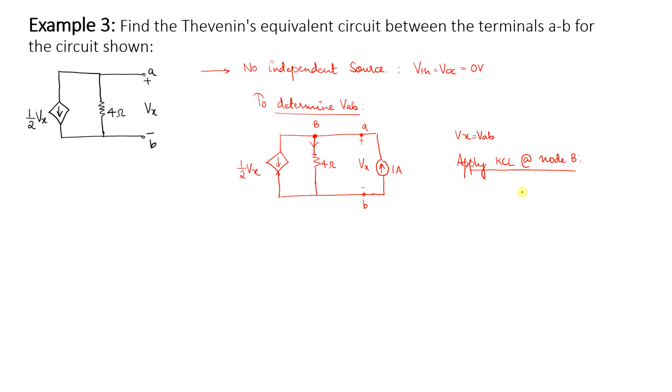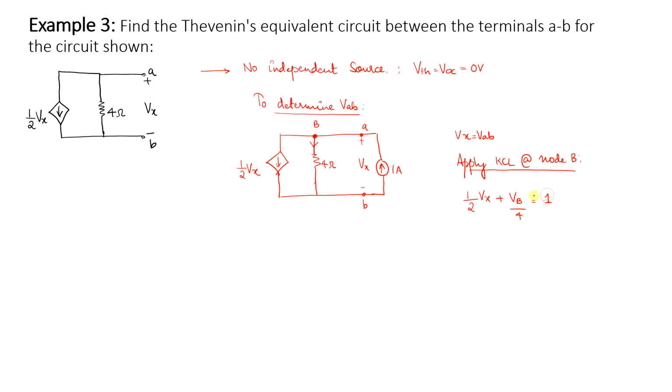So I have this as half times Vx plus the voltage developed across this resistance, which is nothing but VB, divided by 4, is equal to 1.